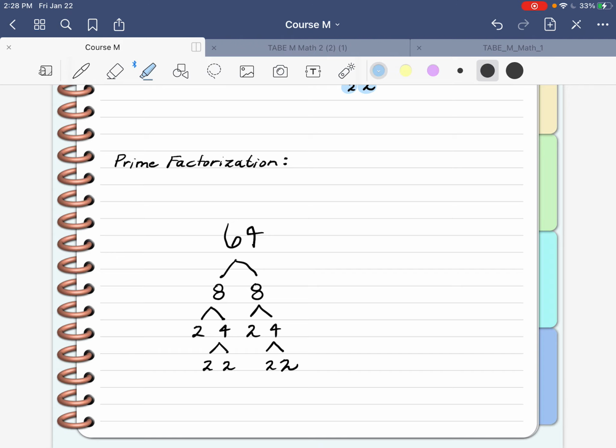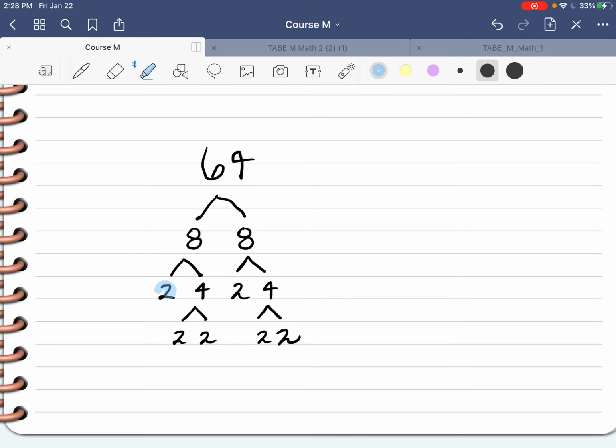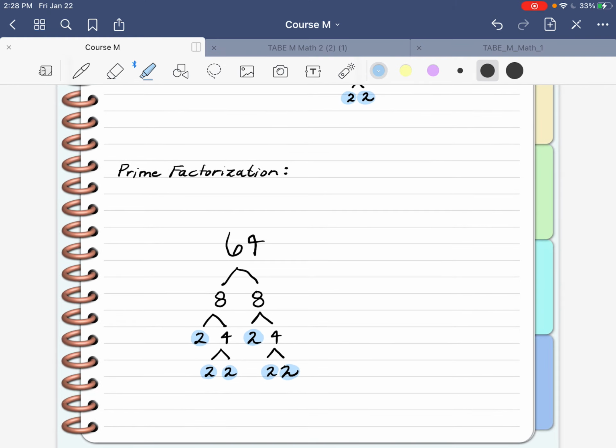Be careful here. You got to get them all. You've got this 2, these 2, this one, and this one. So there are 6 of those 2's. 2 times 2 times 2 times 2 times 2 times 2. Or 2 to the 6th power is a short way to write that prime factorization.